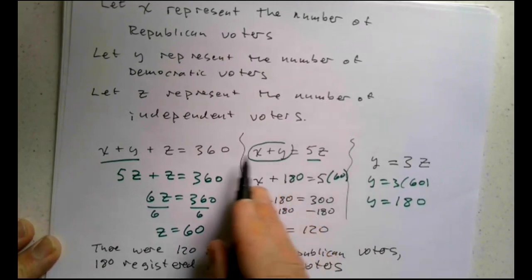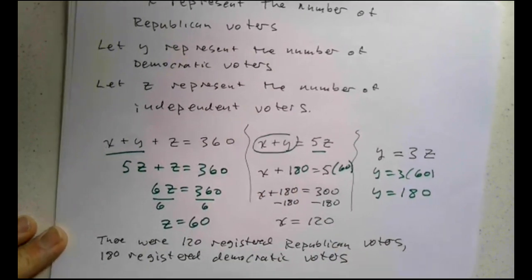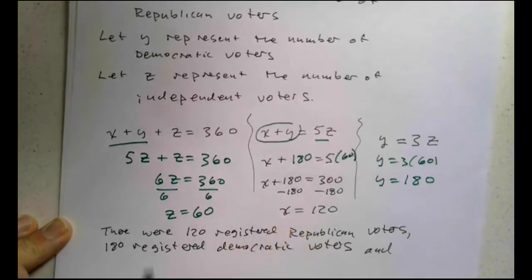And we will say Z is 60, and 60 independent voters, who are probably not registered as independents, but might be, depending on the rules in your region.